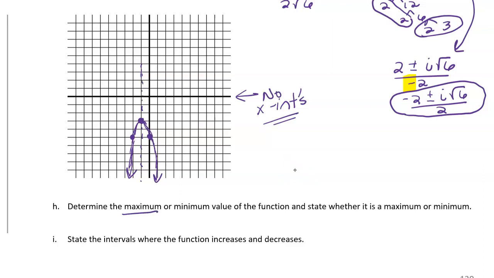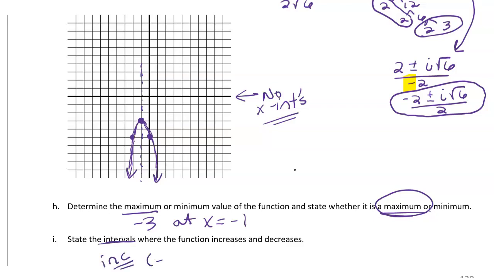It says determine the maximum, and the maximum value is -3, and it occurs at an x value of -1, but the actual maximum of the function is that value of -3, that y value. And then here's just some little review. It says state the interval where the function is increasing and decreasing.